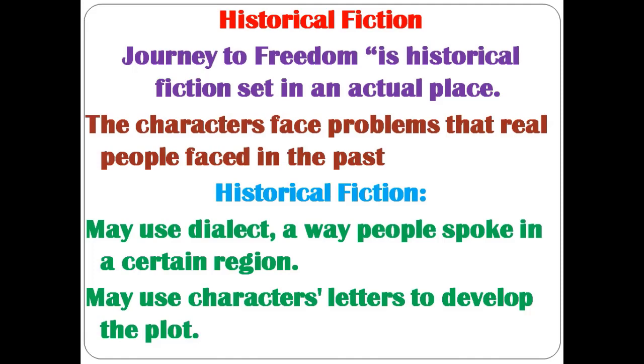Some people helped them while some people persisted to keep them slaves. The characters faced problems that real people faced in the past. The characters, being human beings, had problems, as human beings always have problems. So it was also a problem to shackle and get free from slavery.